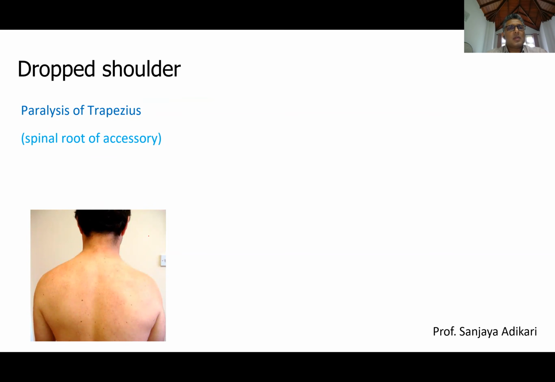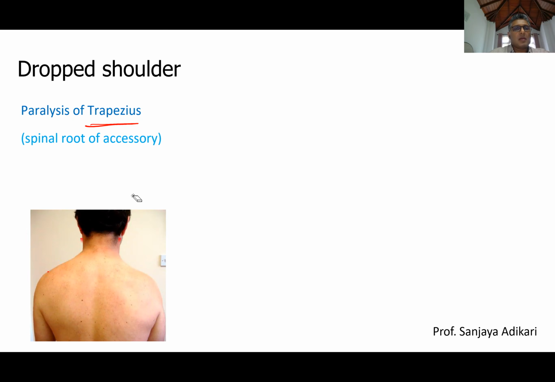The concept of dropped shoulder is due to paralysis not of any of these muscles that I mentioned, but due to paralysis of the trapezius muscle, which is a neck muscle. I described it in the second slide, coming from the neck and the vertebral column here and getting attached to the clavicle and the spine of the scapula here, which will keep the shoulder in a lifted position.